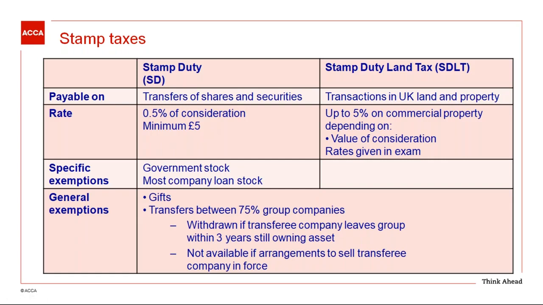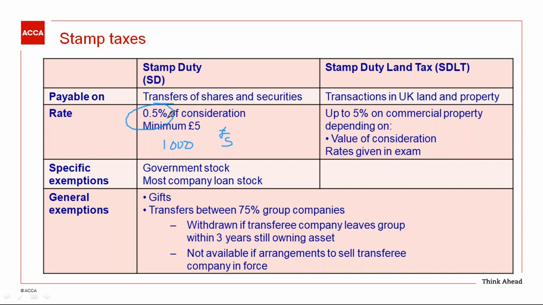So minimum £5. When you do the calculation, sometimes you may get an answer below £5, but still you have to pay. If the share value is for every £1,000, you have to pay £5 as stamp duty. So as a percentage, it's 0.5%.